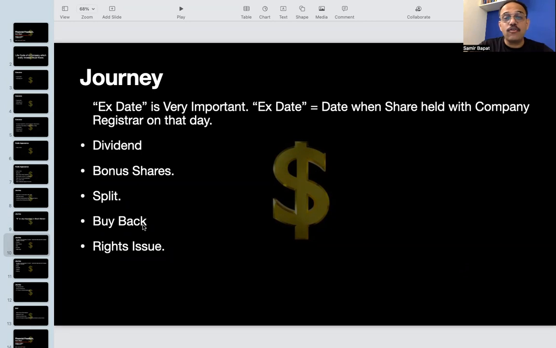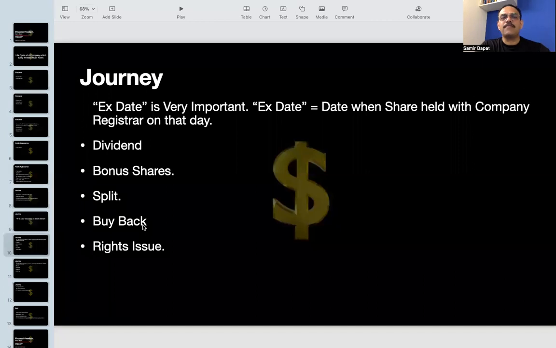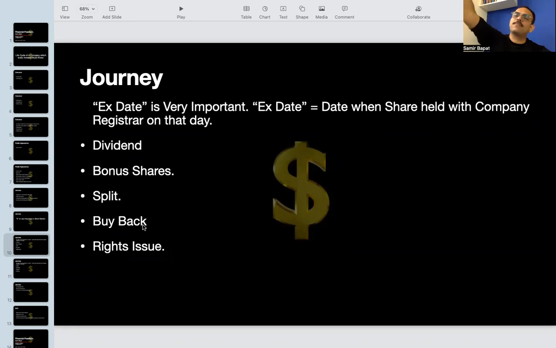Then company might go for a buyback. They want to create scarcity of their stocks. They will say, okay, we are going for a buyback, and when they are going for a buyback, they have to offer a price which is higher than the current 6 month average price.